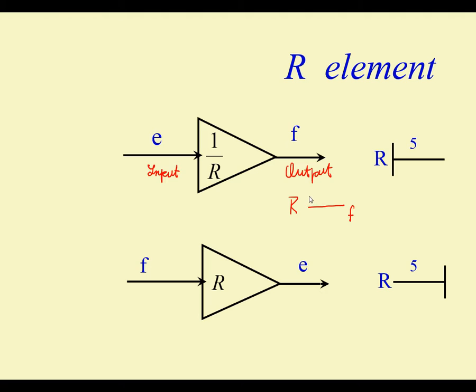This is E. That's how this represents this. And the opposite is true in this case. If you put the R element and you say the output of this is E, then you have this joint: this is the effort, which is the output, and this is the flow, which is the input.